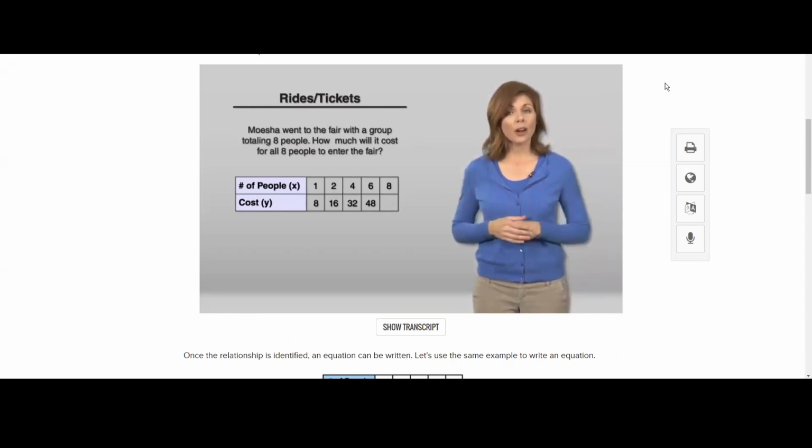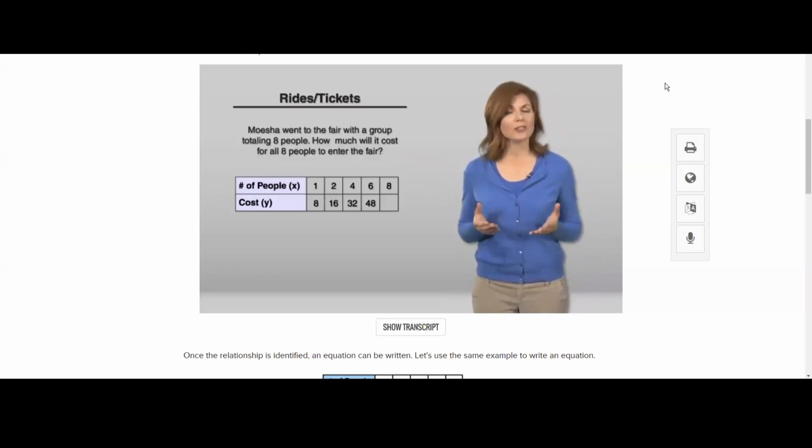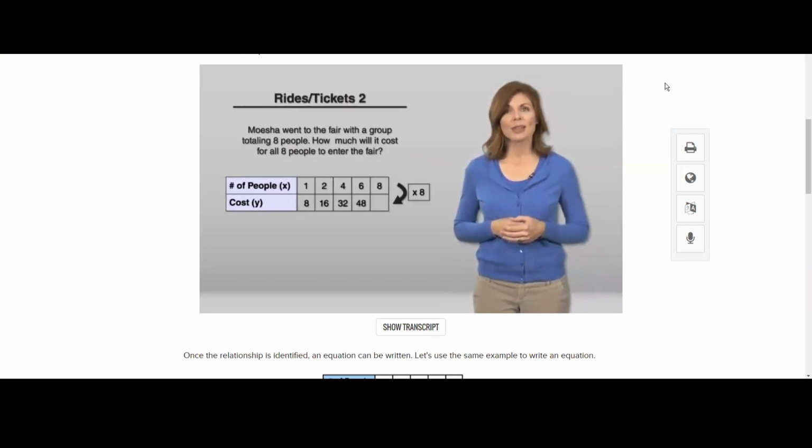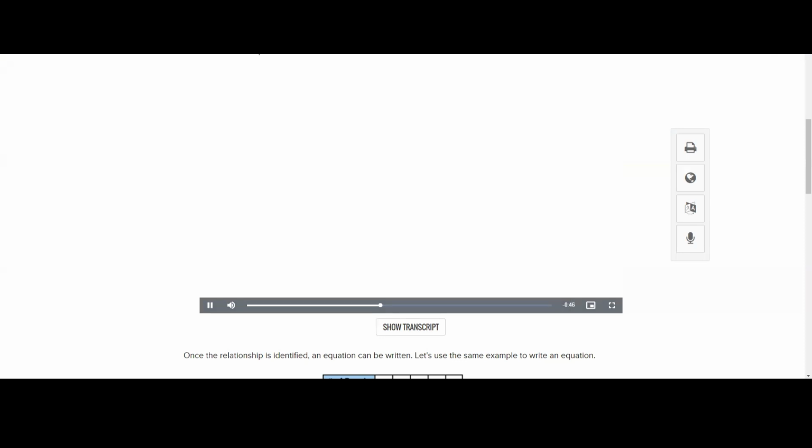How much will it cost for all 8 people to enter the fair? Let's use this chart to help her decide how much it will cost. First, remember, this is a multiplicative relationship. We can tell this is multiplicative because the same number is not being added to each x value.